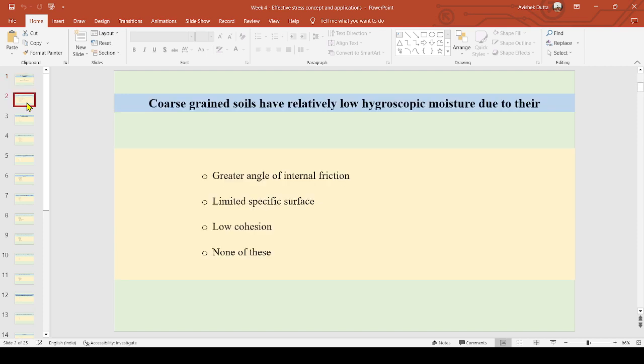The first question is: coarse grained soils have relatively low hygroscopic moisture due to their.